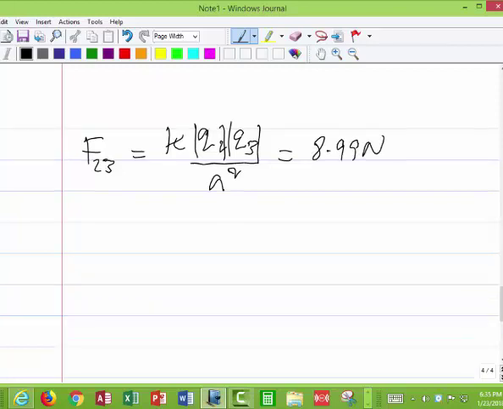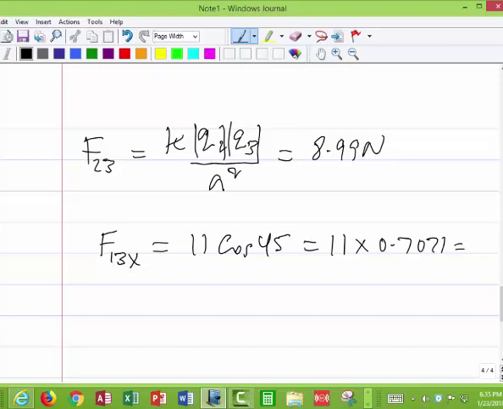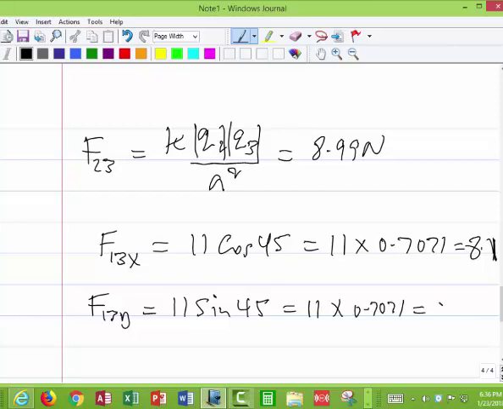8.99 newtons. Okay. So now we can say that F13x is equal to 11 cosine 45, which is equal to what? 8.1. Cosine 45 is 0.7071, I think, right? And then F13y is equal to 11 sine 45, which is 11 times 0.7071. So that should also be 8.1 newtons.